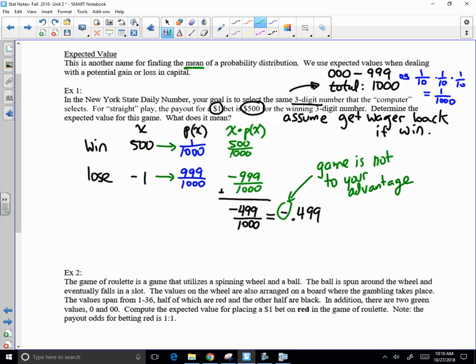So the negative symbol tells us that the game is not to your advantage. It means your expected value is at a loss.